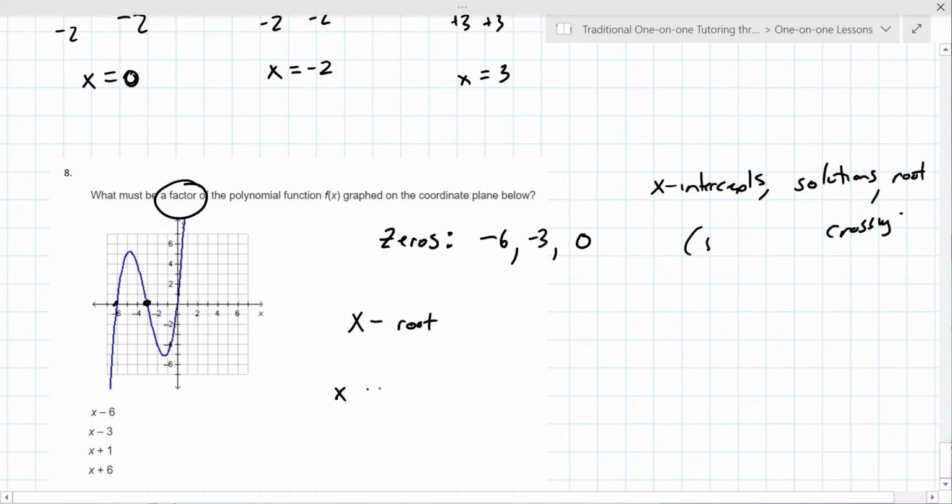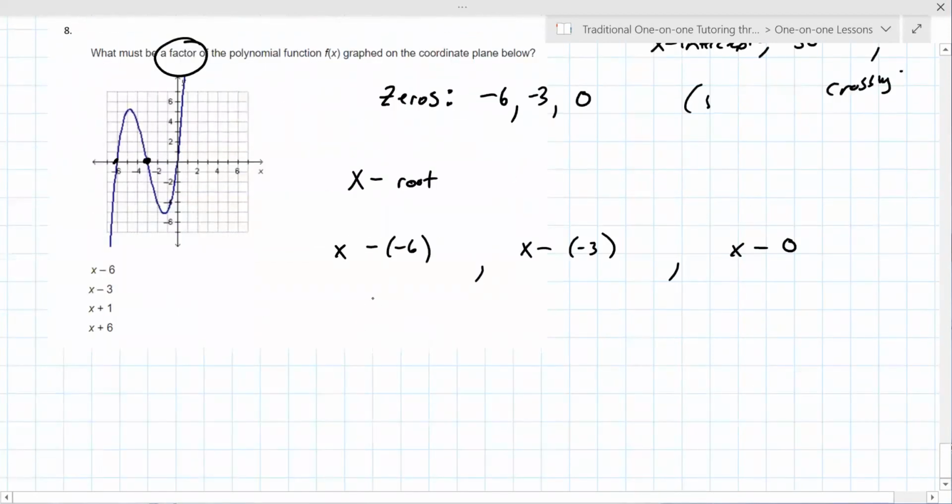So be like x minus -6, x minus -3, x minus 0. So this becomes x plus 6, x plus 3, and then just x. And the question is asking you which of those 4 do you see here?